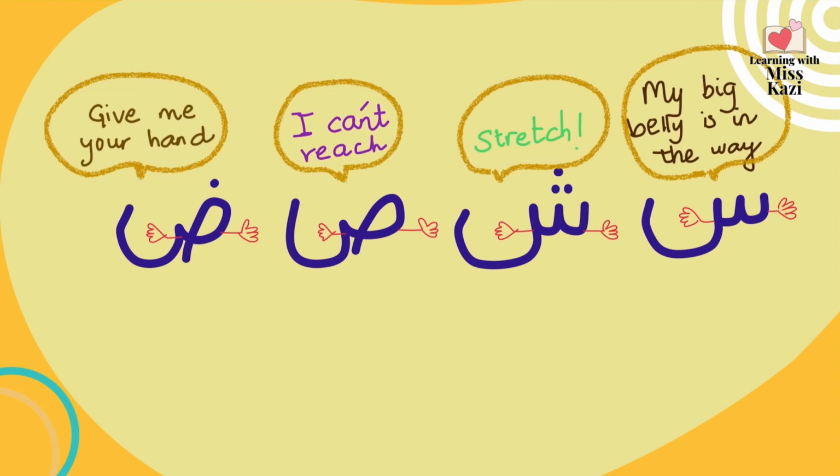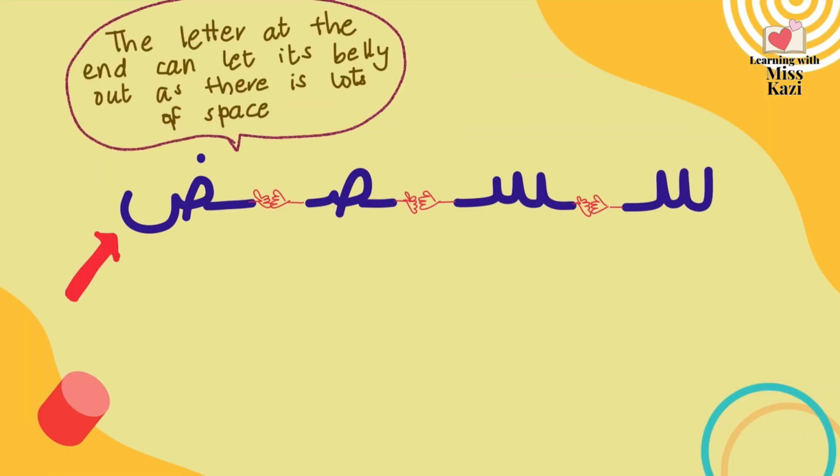My big belly is in the way. Stretch, I can't reach. Give me your hand. So when they want to hold hands, they let go of their bellies. But the letter at the end can let its belly out as there's lots of space.